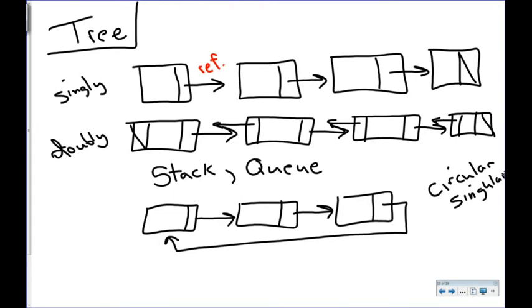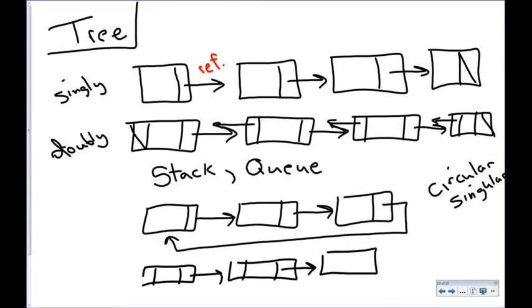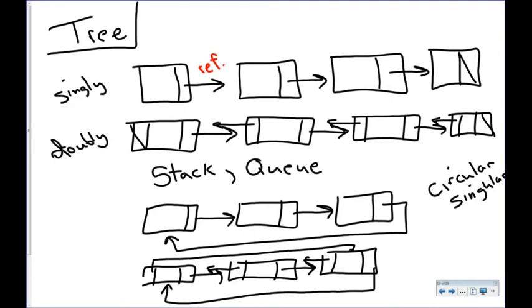And although we didn't program one, in theory, we could have also programmed one that's doubly linked, and the end node goes back to the beginning node, and the beginning node goes to the end node. And this is also a circular list, but it's a circular doubly linked list. So that was all the kind of theory we had at this point.